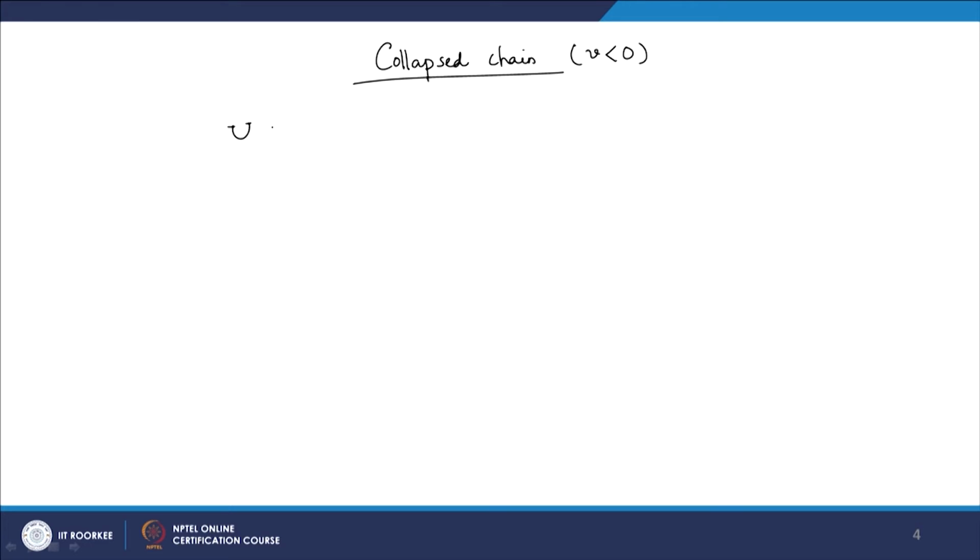So, U can be approximated by simply the excluded volume part, which again by virial expansion is this.